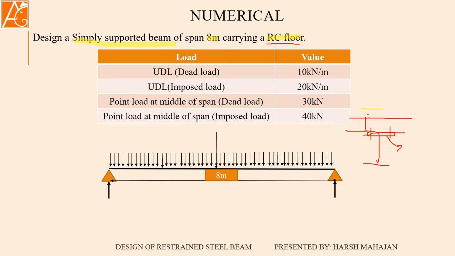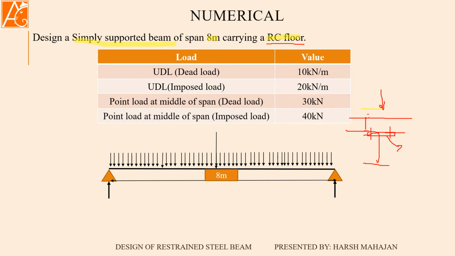That's why, if we put an RC floor, some connection will be there, and hence we can consider it as a laterally restrained beam. These kinds of beams are common in the examinations, but if laterally unrestrained beams are there, then small changes will be possible in design, and almost all its steps are basically the same.